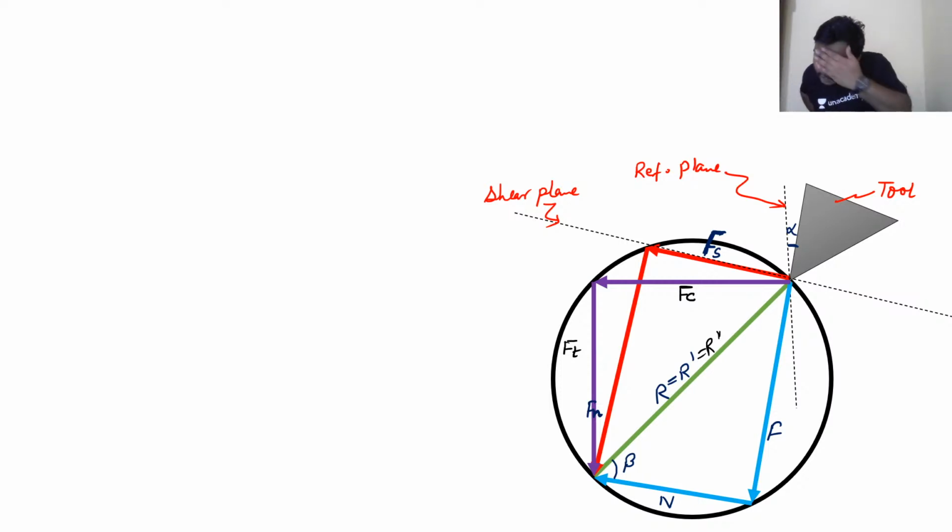Which diagram are you asking, Subham? Orthogonal component. Okay, I will explain. See, Ajay, how the system will be in equilibrium when you are machining.